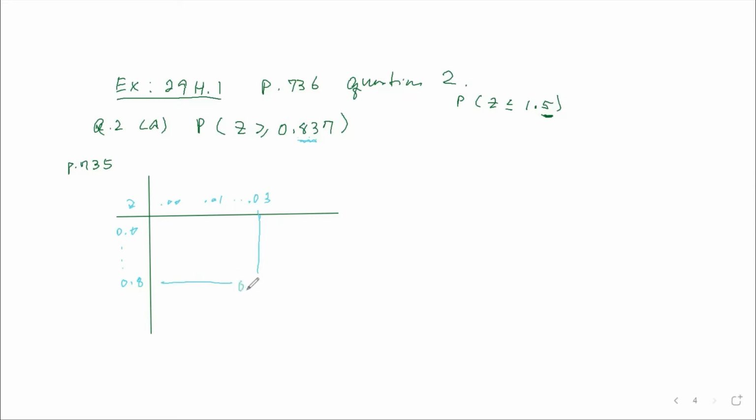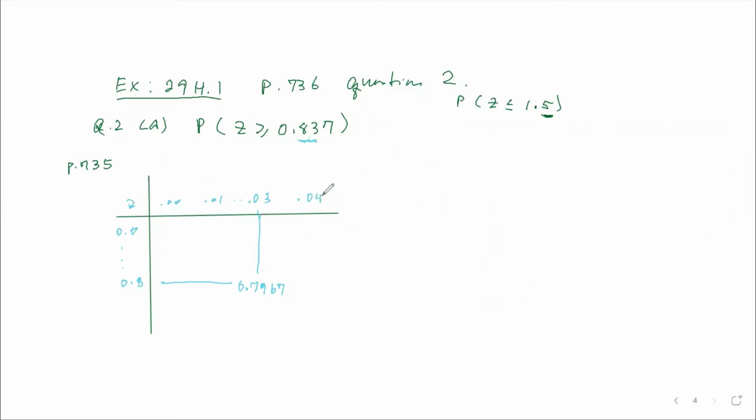is 0.7967. But because we need to read up to 0.837, so you go to the next one. The next one is going to be 0.04, correct?